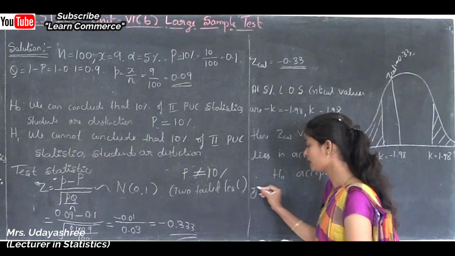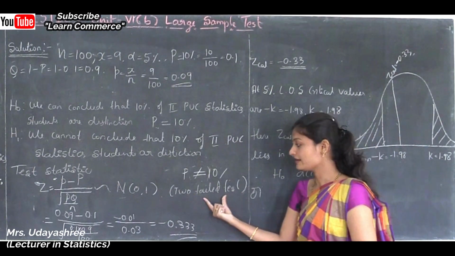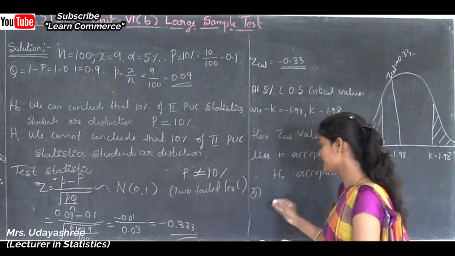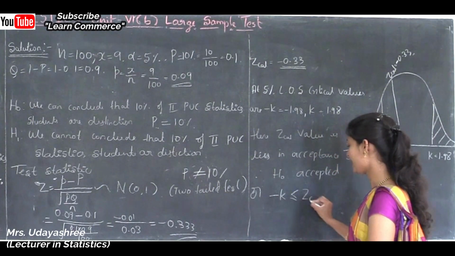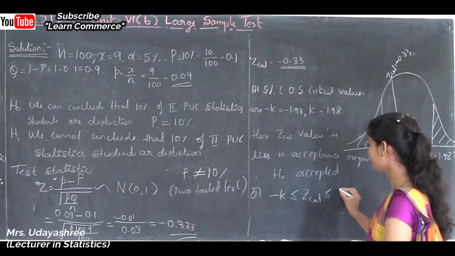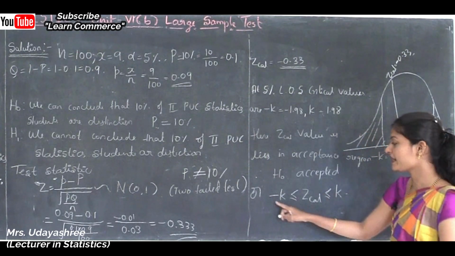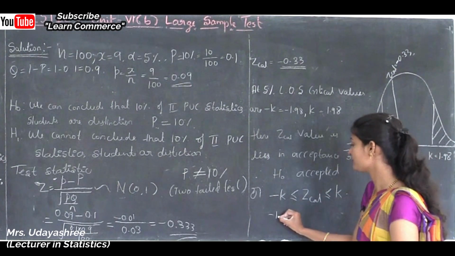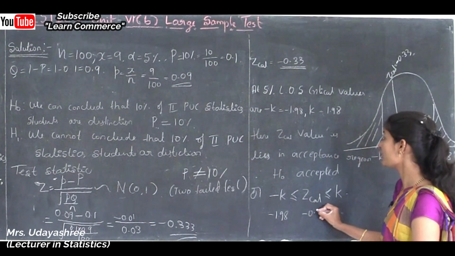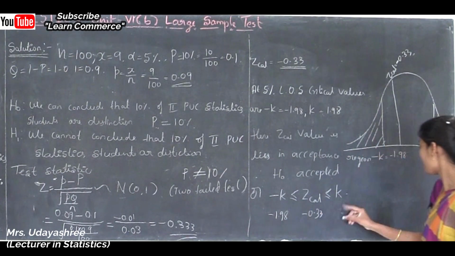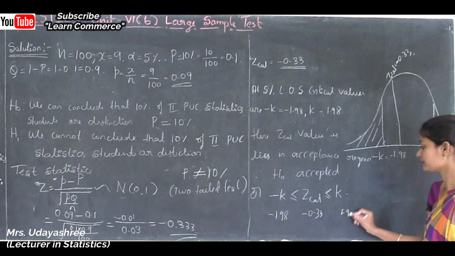Or one more method, see this is two-tailed test. Two-tailed test in the sense the condition is minus k less than or equal to calculated value less than or equal to k. So here minus k value is minus 1.98 and calculated value is minus 0.33 and k value is 1.98.